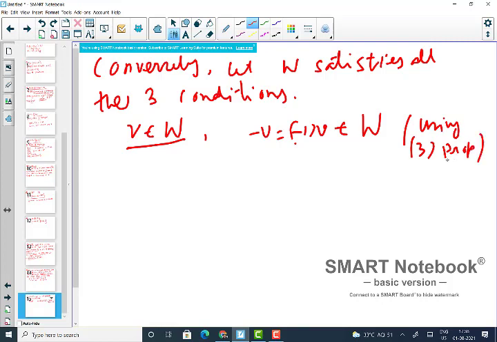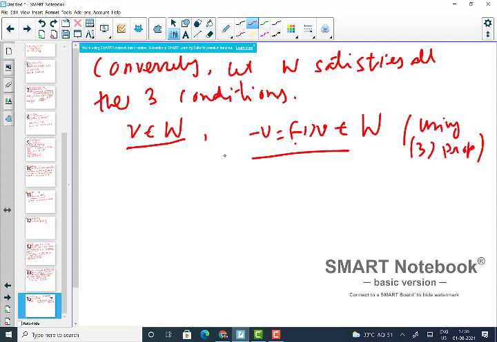So this is the property we require to prove something is an abelian group. And the abelian property is also the same. This is obvious, so abelian is not a problem. And if you want to find the distributive property and other properties of a vector space, this is obvious; you just check that W satisfies them. The important thing is that the inverse, the negative vector, is also an element of the same space.